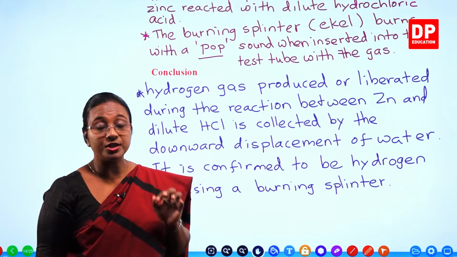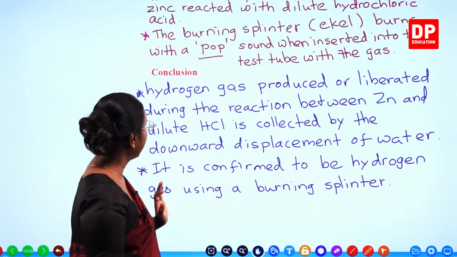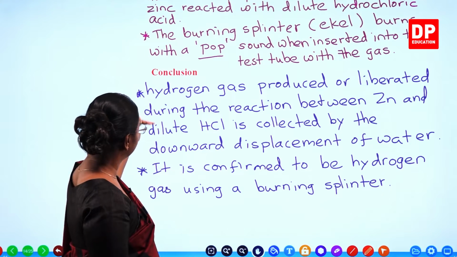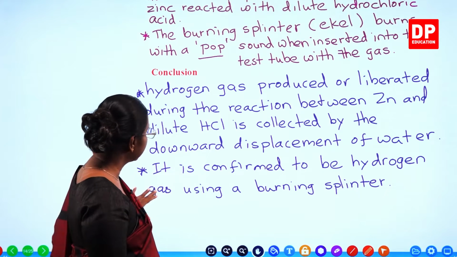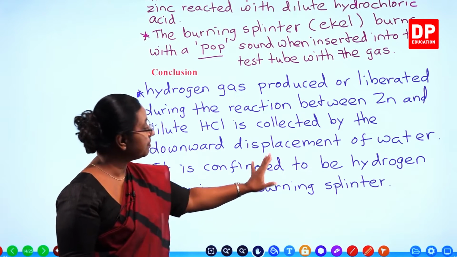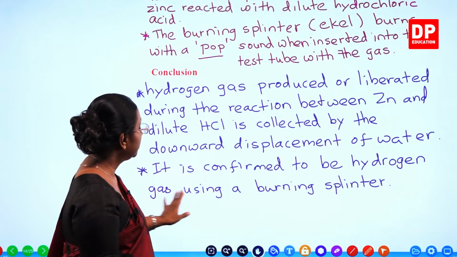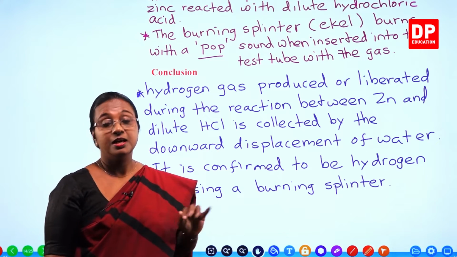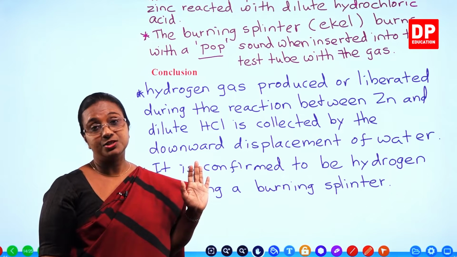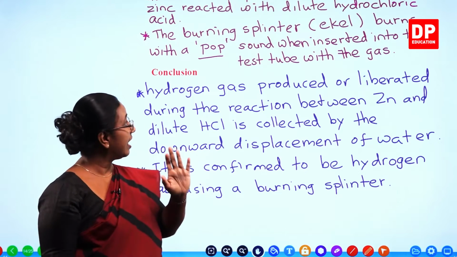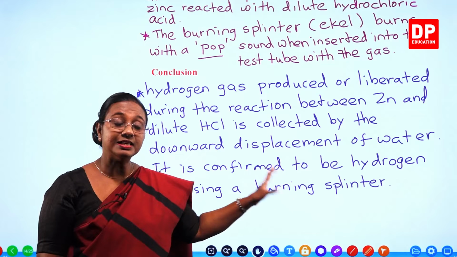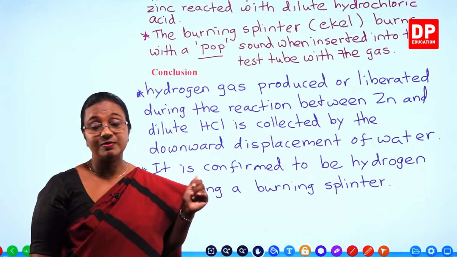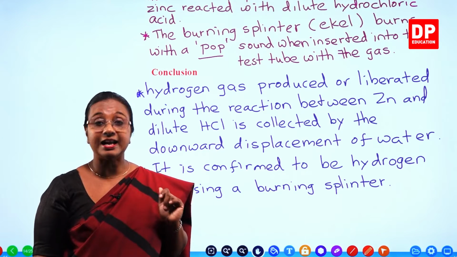That is very important, the test to identify hydrogen. So from that we confirm the process of preparing and collecting hydrogen gas, and also we confirm that it is hydrogen gas using the burning splinter. You have to remember these, students. So I am sure you all can understand this procedure as well as the observations because it was very clear to you all during the activity.